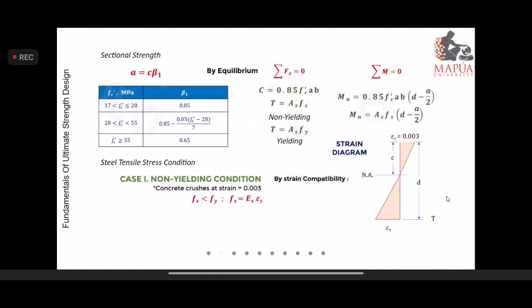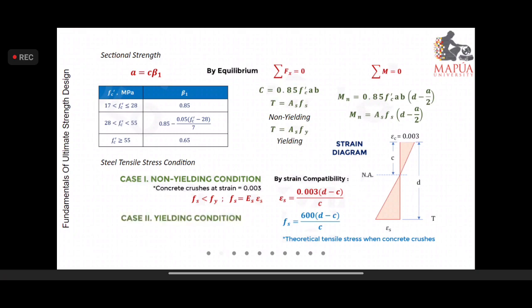If we are going to come up with Fs employing Es as 200,000 megapascal, by virtue of similar triangles we can arrive at 600(d minus c) over c for Fs. This is the theoretical tensile stress when concrete crushes.